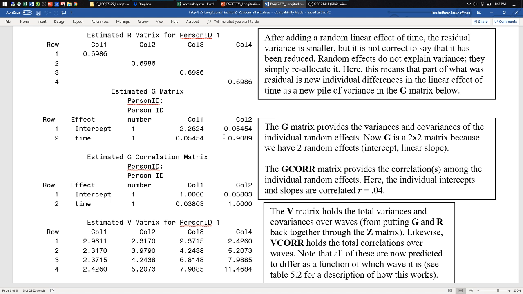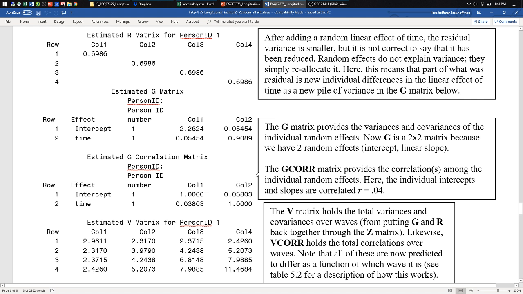And I will argue with people about this too. In other people's multi-level modeling books, there's a whole section called "Don't force the covariance to be 0." Generally speaking, if you have random effects that come from the same sampling unit, like the intercept and slope come from the same person, it gets to be related because it came from the same person. So type equals UN and make sure that the covariances are added as well as the variances.